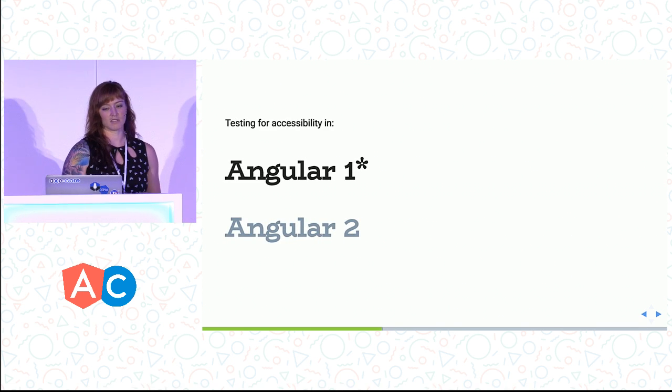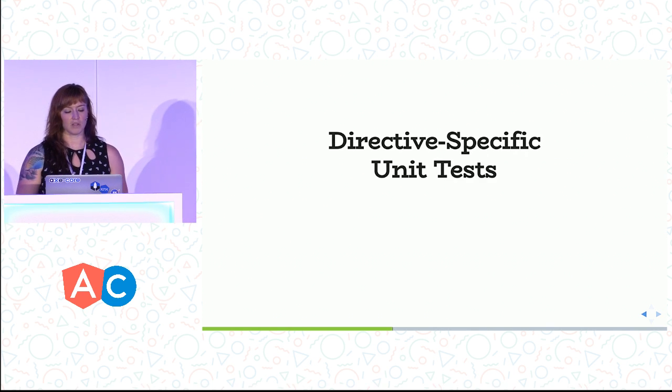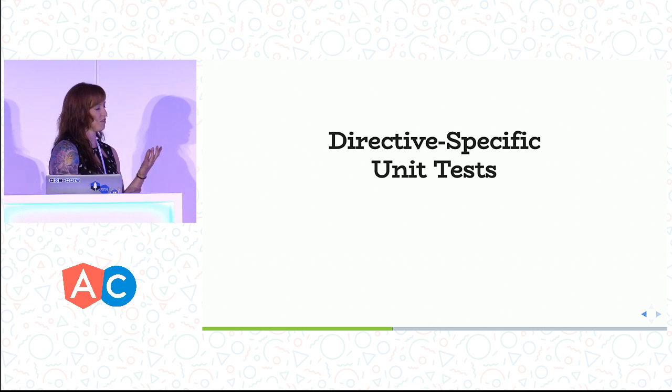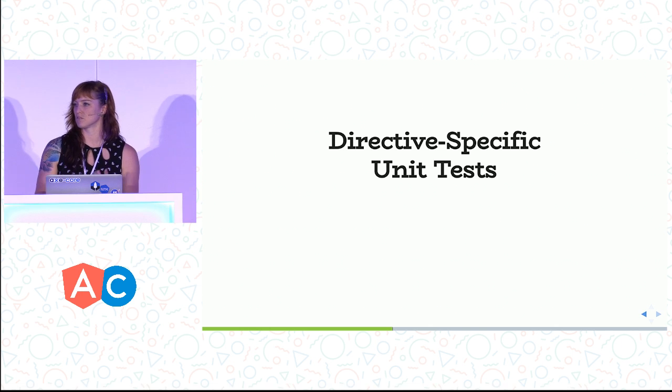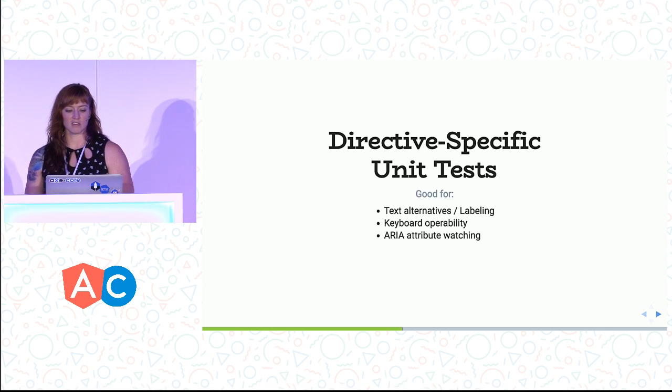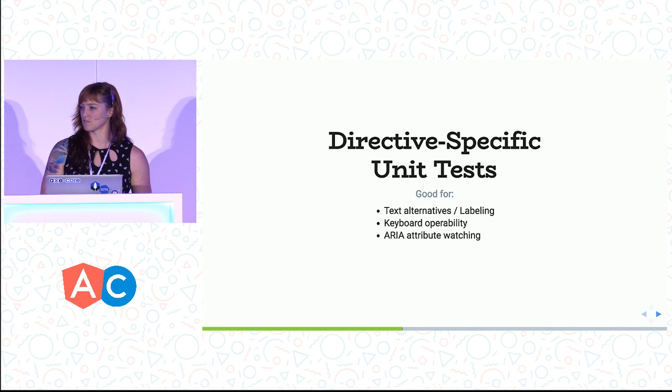So to talk about accessibility in Angular 1 versus Angular 2. Angular 1, it's more the directive-specific unit test that you would write. So your templates and your front-end code are divided up into directives, so that's how you would reason about it in unit tests. These unit tests would be good for things like text alternatives and labeling.